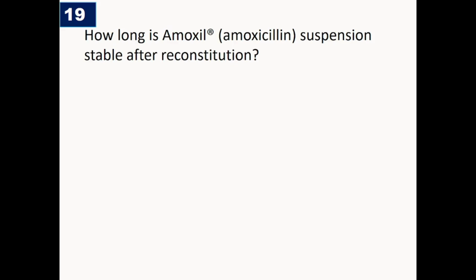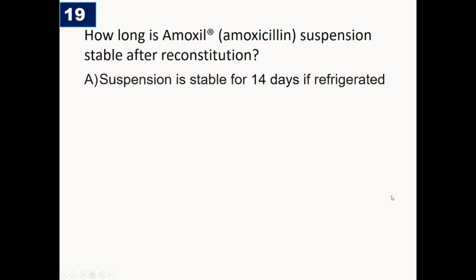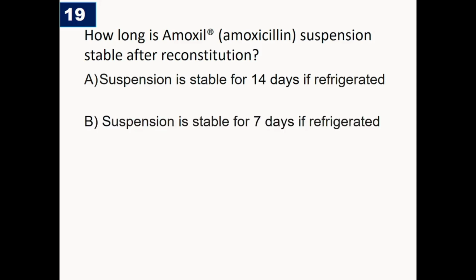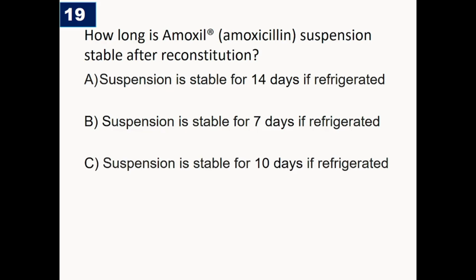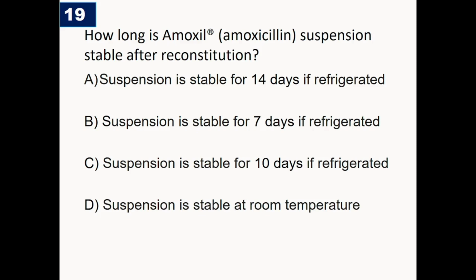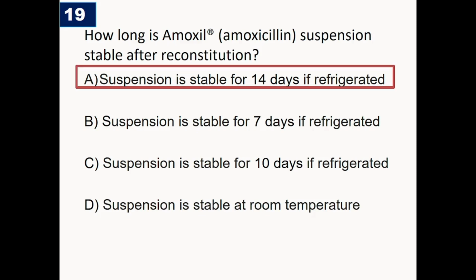Next, antibiotic suspensions. How long is Amoxil or amoxicillin suspension stable after reconstitution? A. Suspension is stable for 14 days if refrigerated. B. Stable for 7 days if refrigerated. C. 10 days if refrigerated. And D. Stable at room temperature.